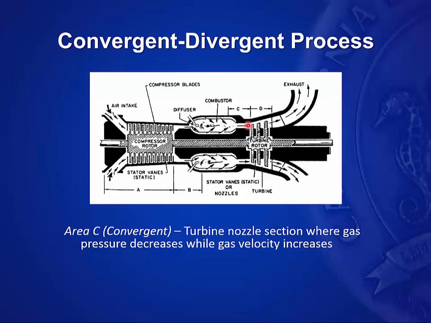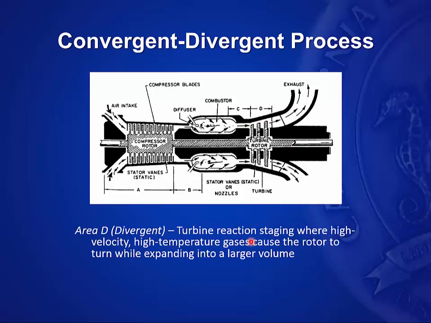And we're going to go through a nozzle, and then we're going to strike the turbine rotor. And after the turbine rotor, it's going to exhaust. So within this turbine reaction staging, these high velocity, high temperature gases cause the rotor to turn while expanding even more into a larger volume.